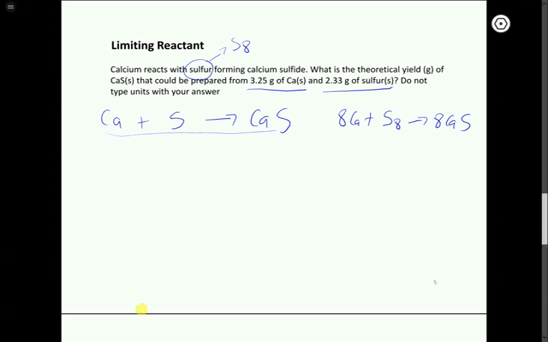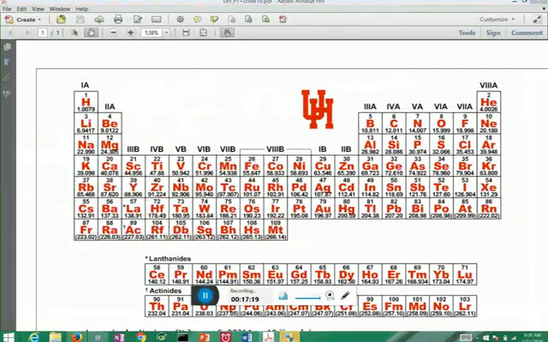So if we do this for calcium, the moles of calcium is going to be, we have 3.25 grams, and we use the atomic mass of calcium from the periodic table. That's going to be 40.08.